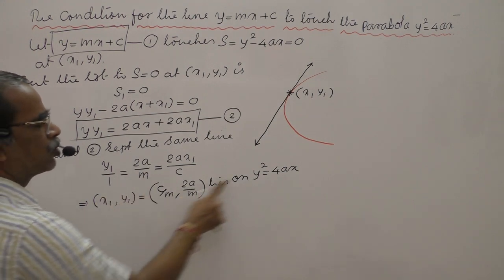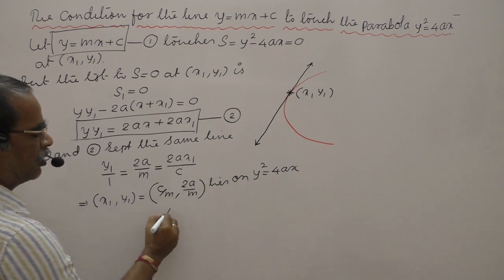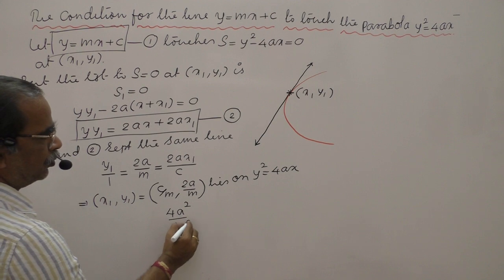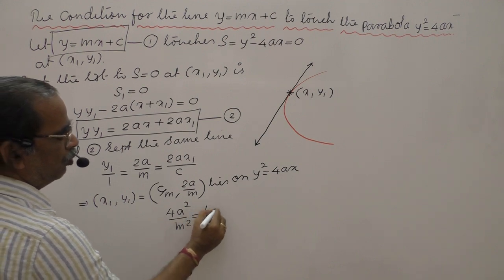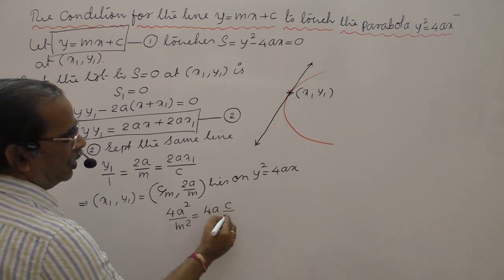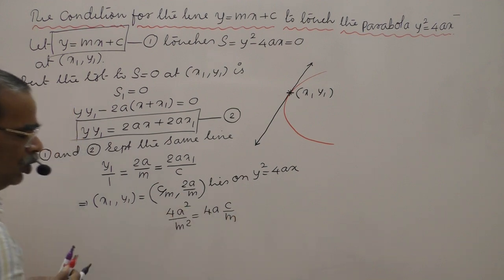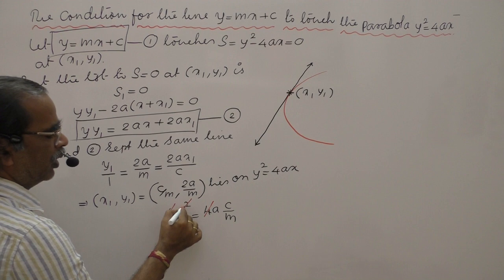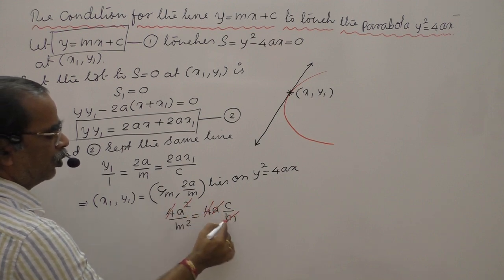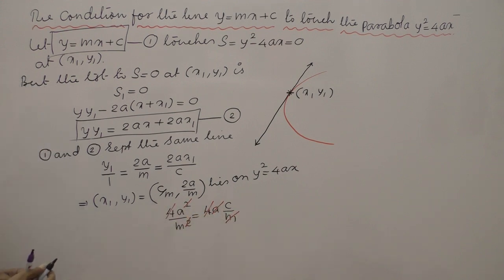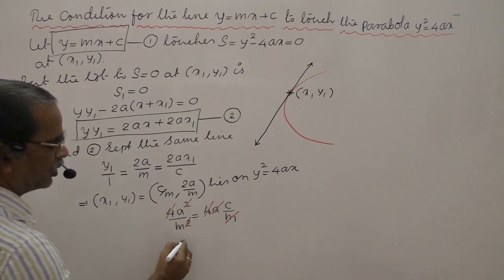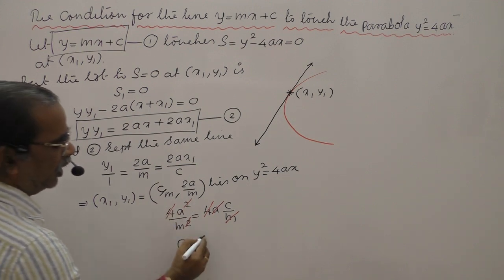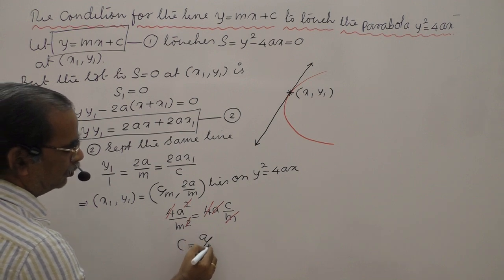So y square is 4a square by m square, equal to 4a into x. What is x? c by m. So I can cut 4, a and a, and of course m and m. What is there on the right side? We have only c. On the left side we have a by m.